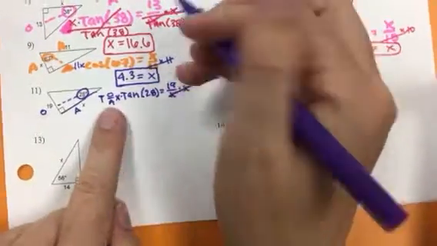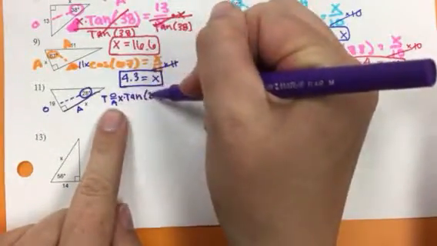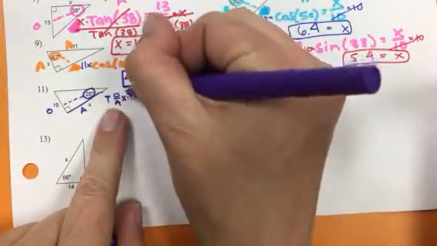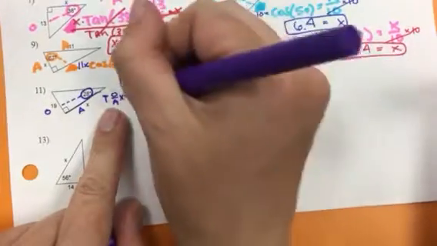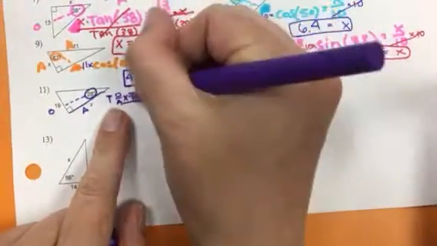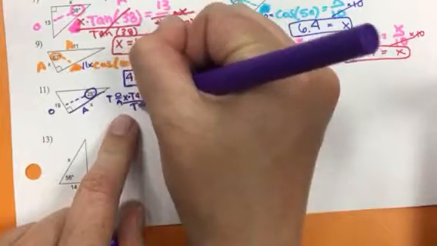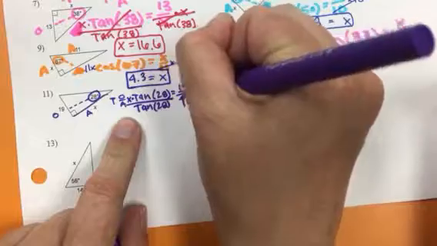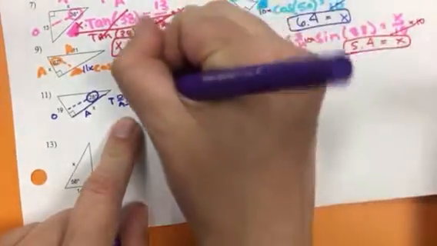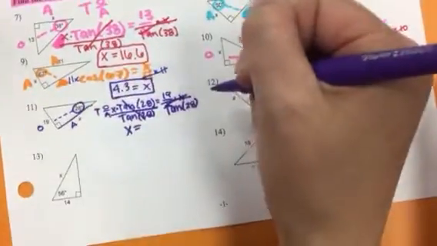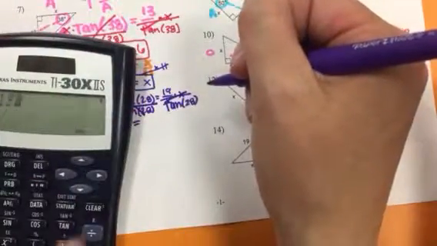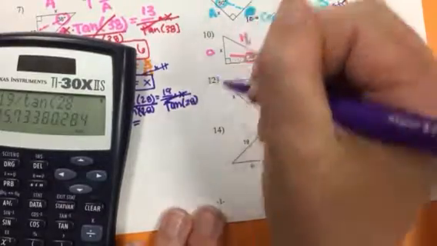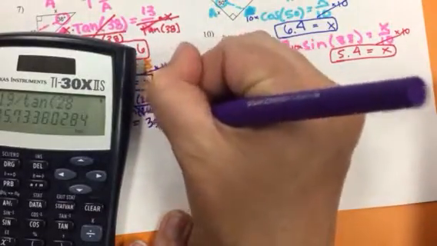Now, I have x times tangent of 28. I cannot enter that in and get a value. So what I'm going to do is try and move the tangent over so that x is by itself. They're attached through multiplication, so I need to divide. That cancels out, and x equals 19 divided by tangent of 28, which equals 35.7.